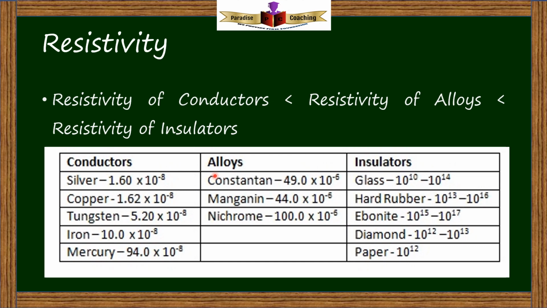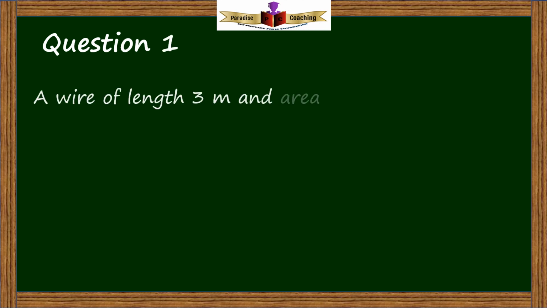Now, after understanding the theoretical part and the term resistivity, we often find numericals on this topic. For example, one question is in front of you. Just go through it first of all, then we will discuss how to solve it.